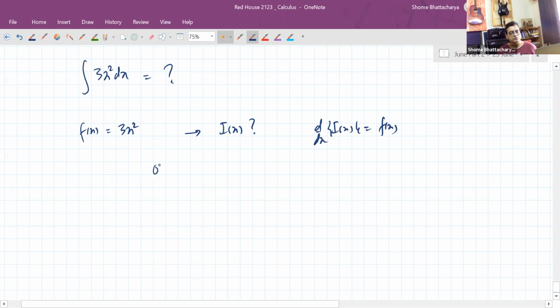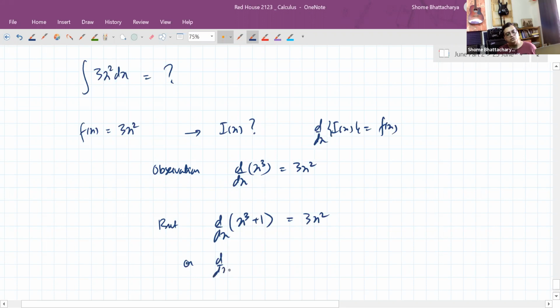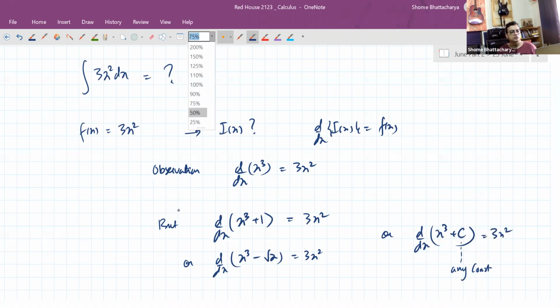So it's pure observation that the differentiation of x cube is 3x square. But also the differentiation of x cube plus 1 is 3x square, or the differentiation of x cube minus root 2 is also 3x square, or in general the differentiation of x cube plus any constant is equal to 3x square. So what is the conclusion here?